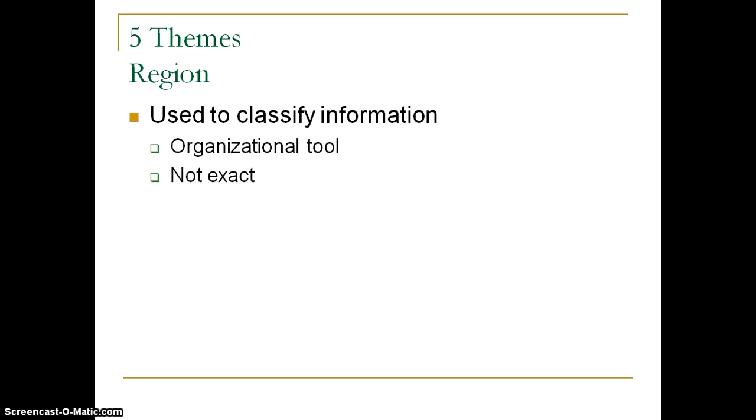One thing about regions is that they are never really going to be exact. The element used to describe a particular region is never going to be 100% accurate, meaning it's not going to be 100% of that landscape that is incorporated into that region. I'll talk more about that in just a second.